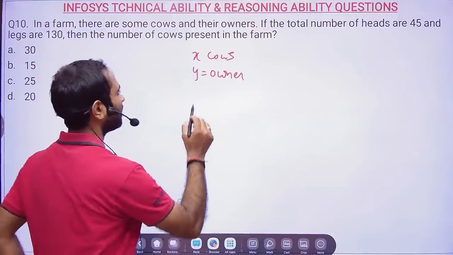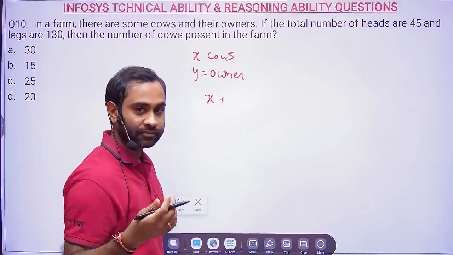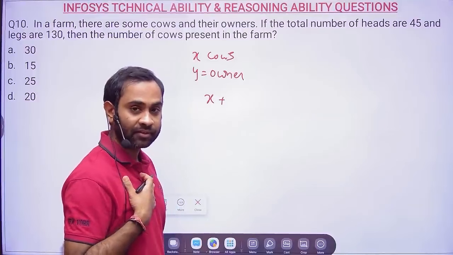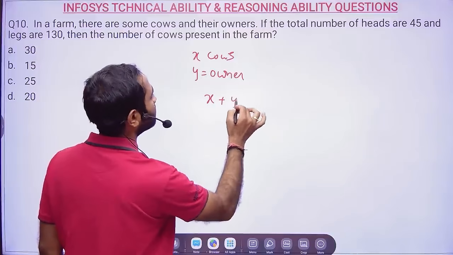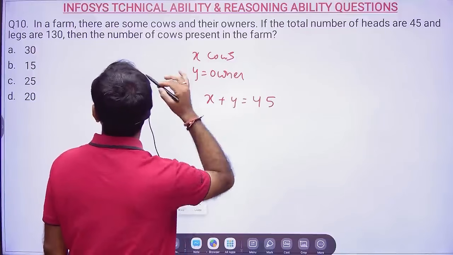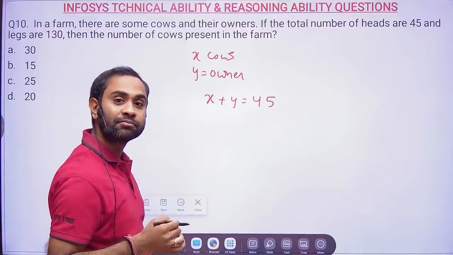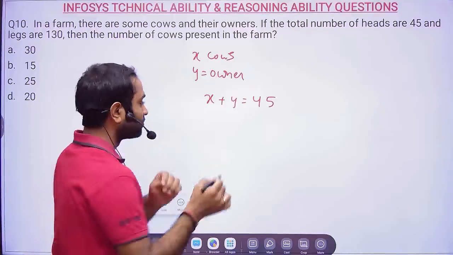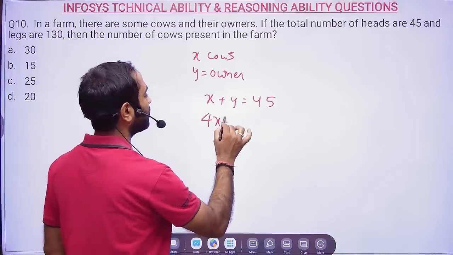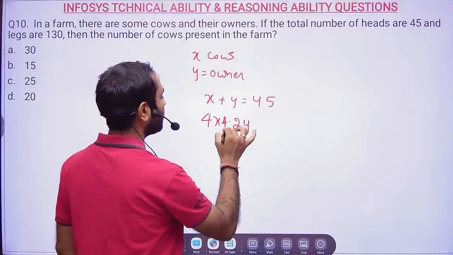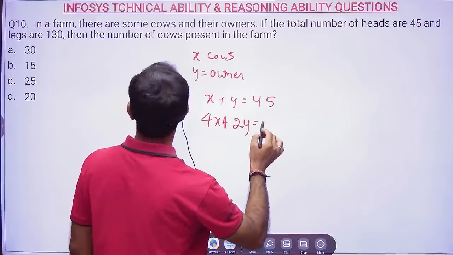So X. And cow owners like us, how many heads? 1, right? Okay, X plus Y is 45. And their legs. A cow, how many legs? 4. Owners like us, how many legs? Sir, 2.